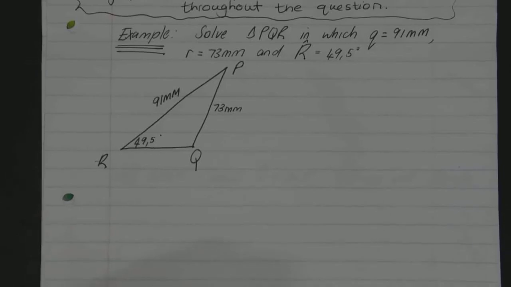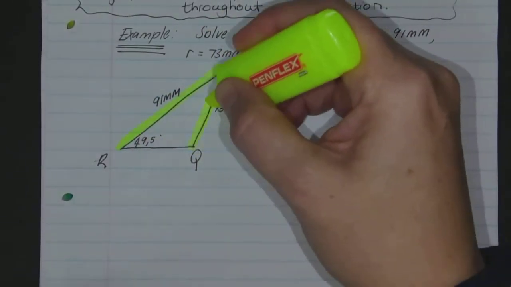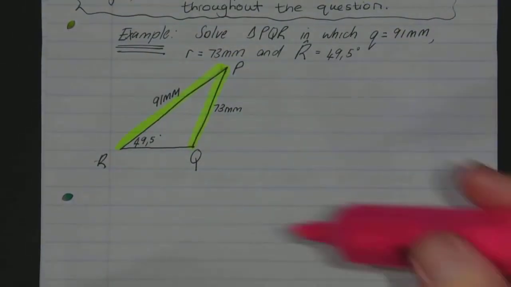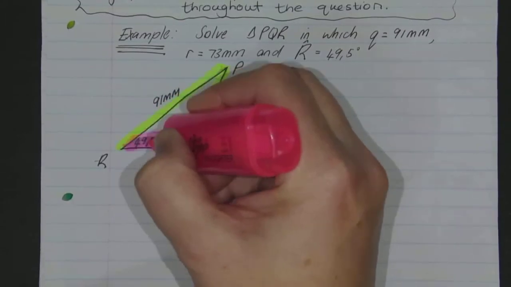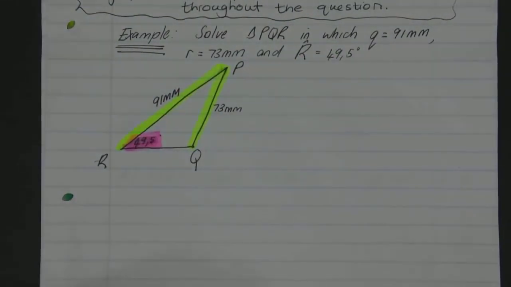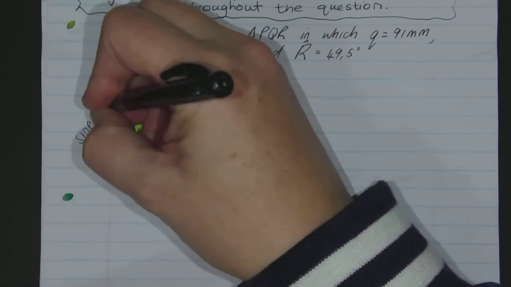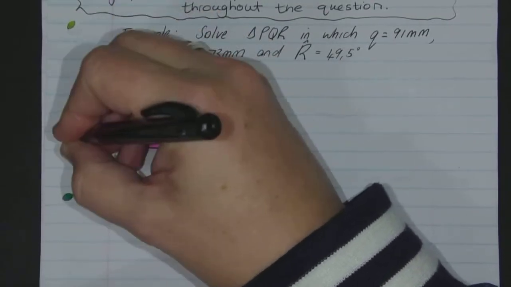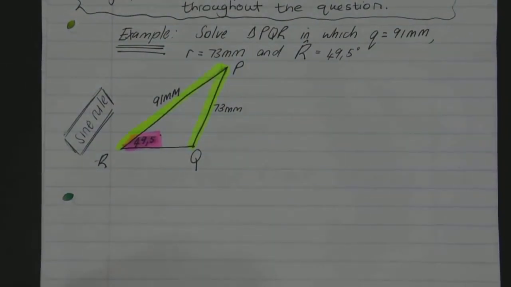But what I do see is two given sides and a not included angle, which means I should realize that I can work with the sine rule. That is the requirement I need for a sine rule.